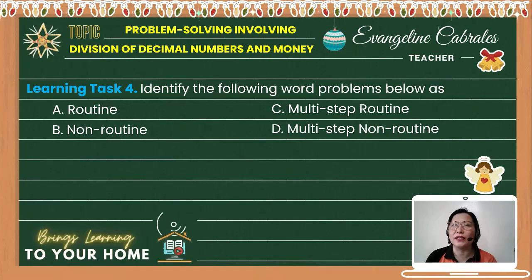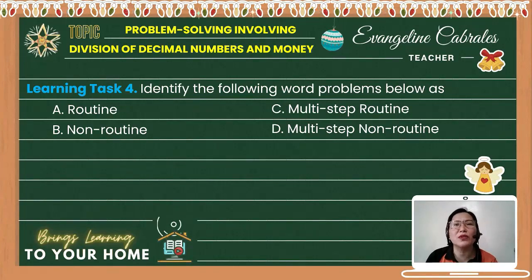Uulitin ko, non-routine kapag isa lang operation pero may dalawa o higit pang solution na pwede mong gawin para ma-solve ang problem. So, kung alin man sa dalawang operation ang pwedeng gamitin, it's either addition, multiplication, o kaya ay addition, subtraction, ganon.